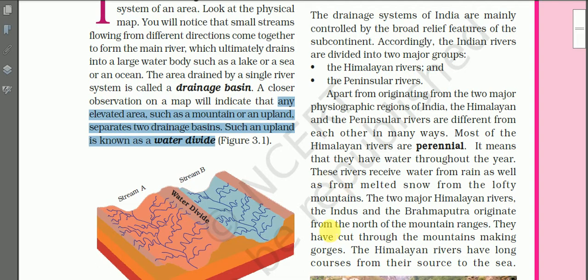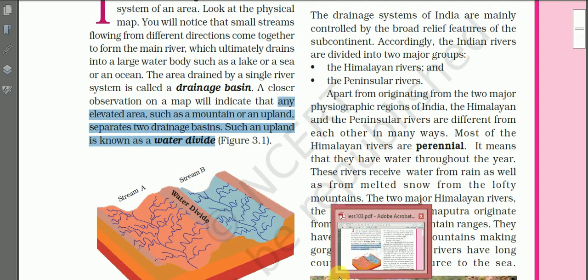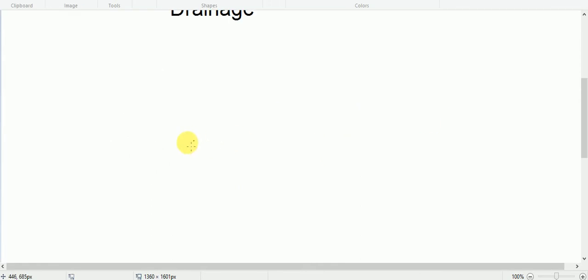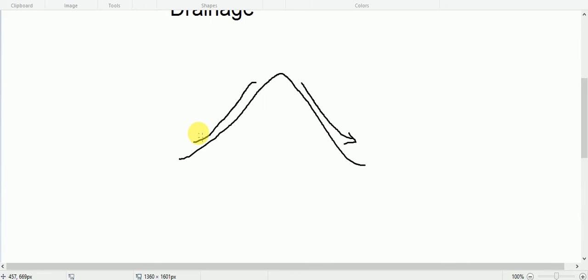So water divide means any elevated portion. For example, this is a mountain range and a river system is flowing down here. One river is flowing down on this side, another river is also flowing on this side.